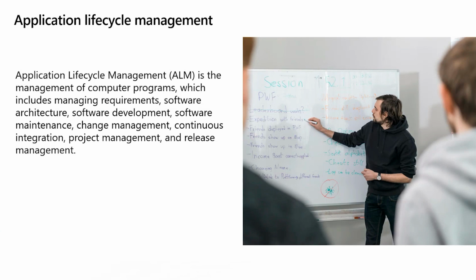Whenever you are implementing an application for your organization, it goes through a life cycle, starting from analysis, design, development, testing, operate, and maybe it can go to maintenance mode. Any application goes through these phases, so you will have to manage all these different phases of your application.